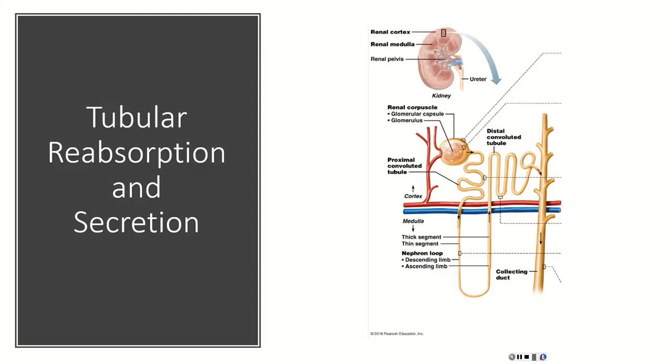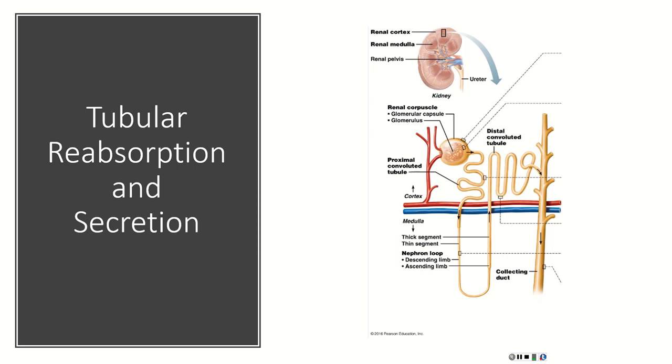Today's lecture is going to be just a very broad overview of reabsorption and secretion. We're going to talk mostly about the proximal convoluted tubule and the ways that substances are reabsorbed. Next lecture, we will wrap up reabsorption and secretion along the rest of the nephron.